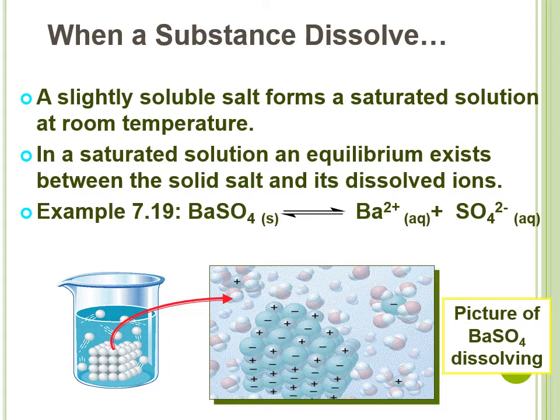So it shows that the ions of barium and sulfate are dissolved in water, but the equilibrium exists between the ions and the precipitate. So there is a dynamic balance in the beaker.